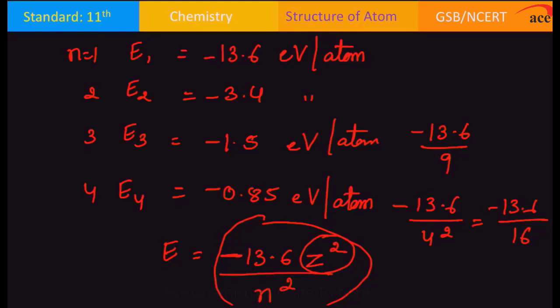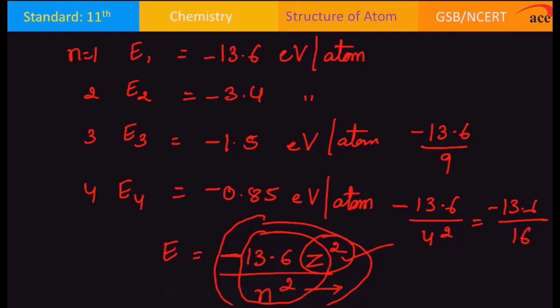I repeat, if Z value is increasing, the numerical value will increase, but with the negative sign, the total number will reduce. Now, n square is in the denominator, correct?